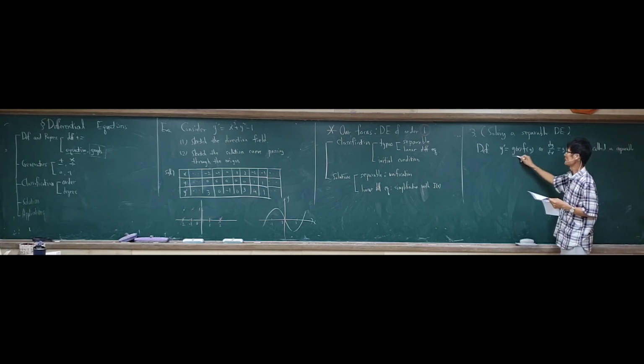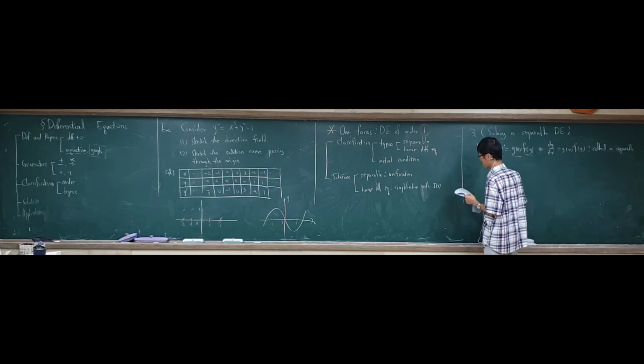So this function has only the variable x, and this function has only the variable y. So we can separate the right side as a product of a function of x and a function of y, and we can solve the separable differential equation as follows.